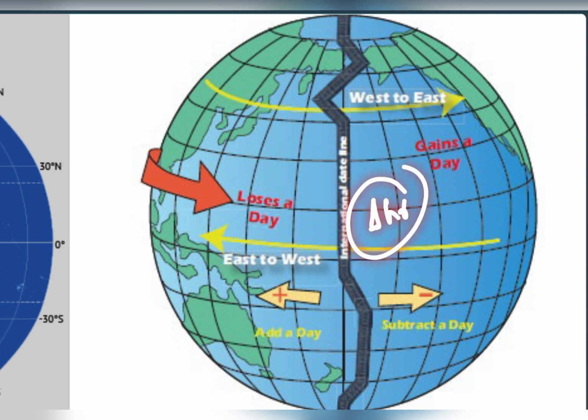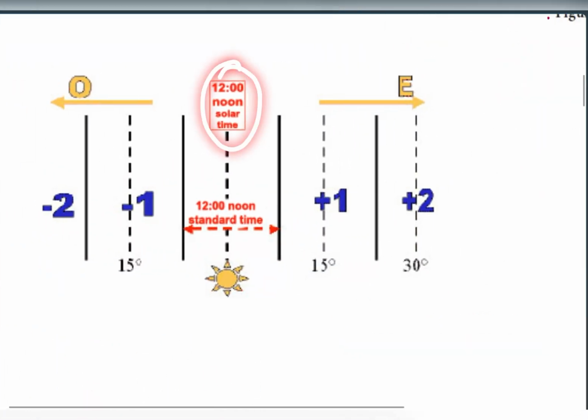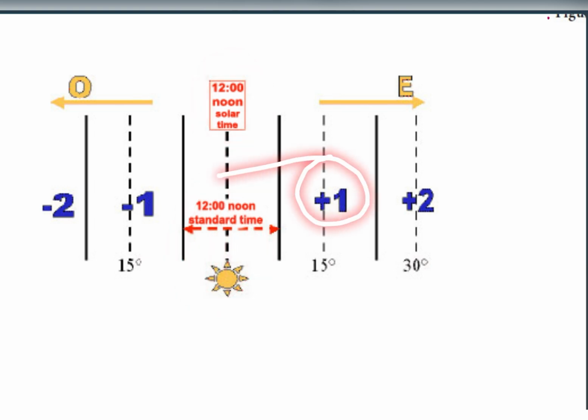1 hour difference. Suppose this is noon at the prime meridian. If we move eastward from this point, 15 degree east longitude, we will notice there is 1 hour increase in the time.